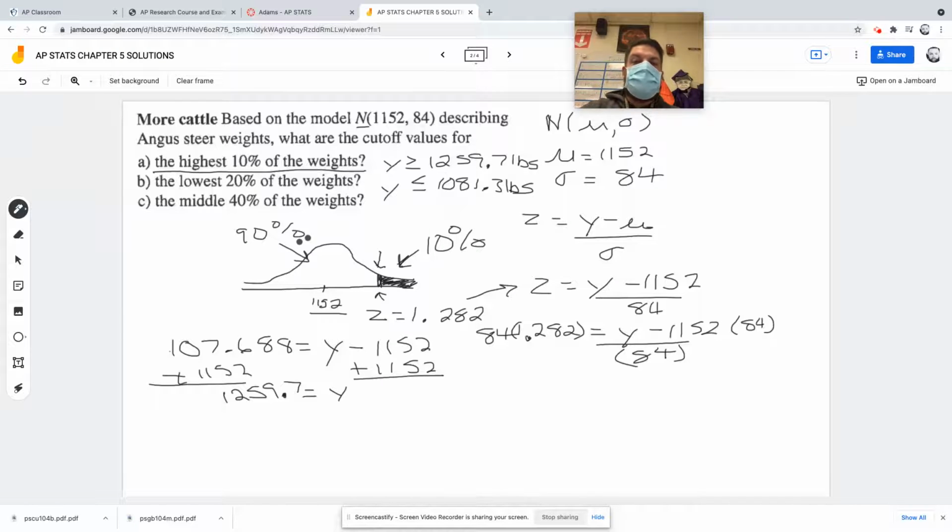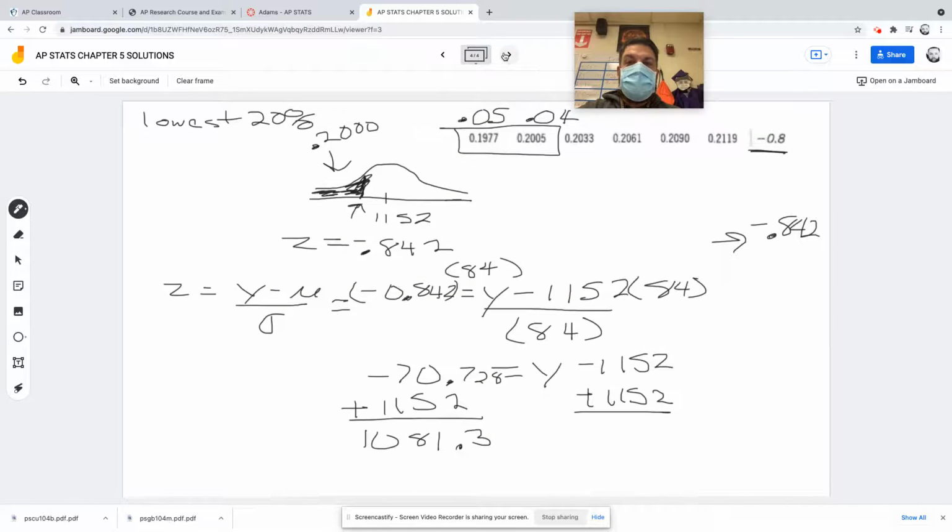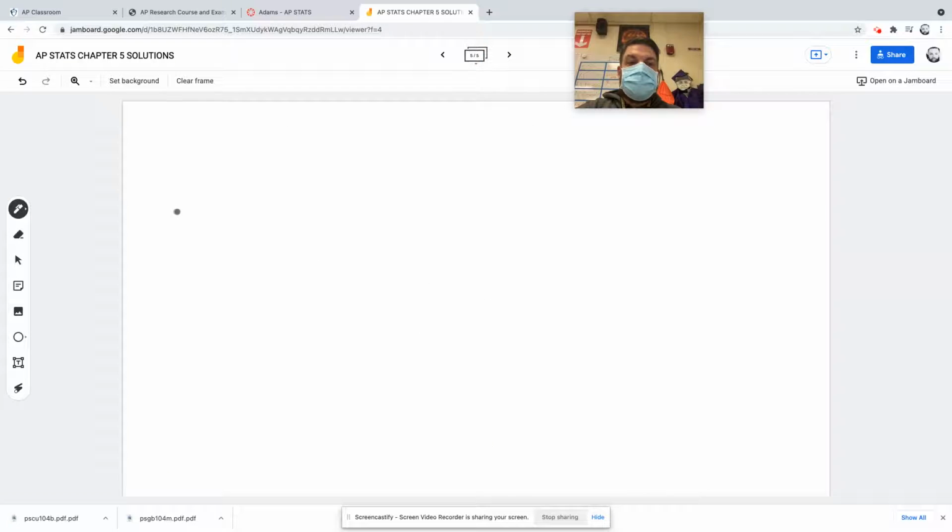Okay, the last one is the middle 40. Are you guys ready? That's a lot of work for this, but it's the same for any type of problem like this. So I need a perfectly drawn normal distribution. The mu is 1152. And they want the middle 40%. So we need to figure this stuff out. So that means that this is 20%, or not 20, 40, it's 30%, right?